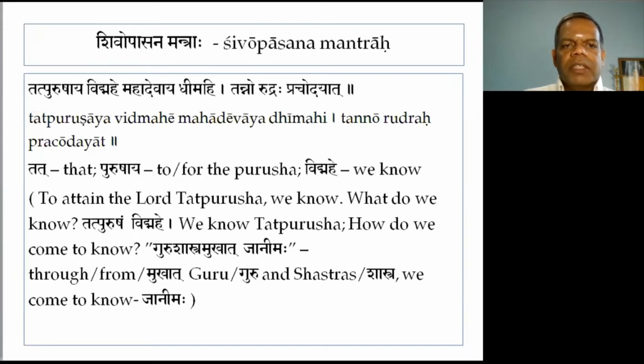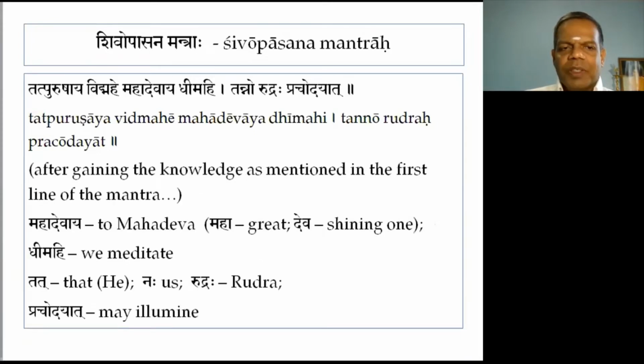Now we go to the next part of the verse, which is Mahadevaya Dhimahi. After gaining the knowledge as mentioned in the first line of the mantra, which says how we come to know, then Mahadevaya, to that Mahadeva, Dhimahi, we meditate.